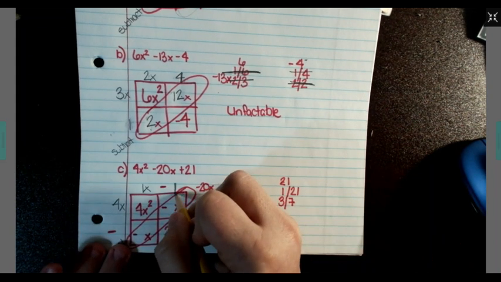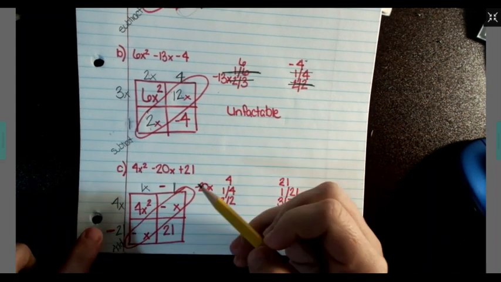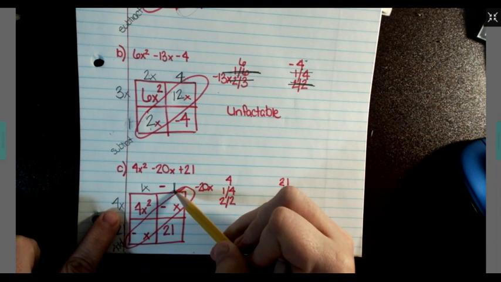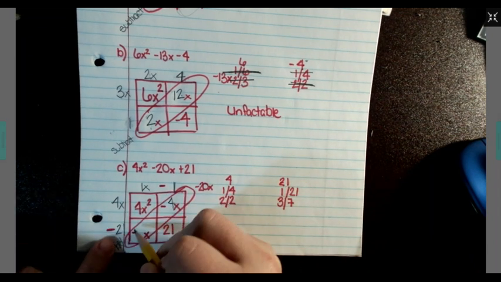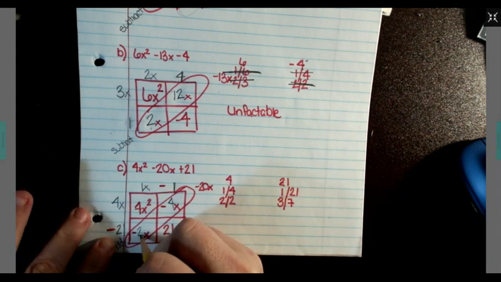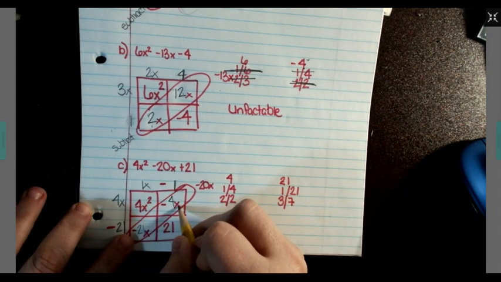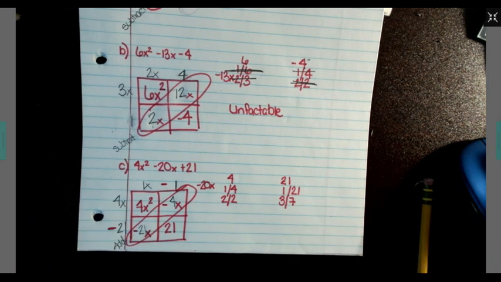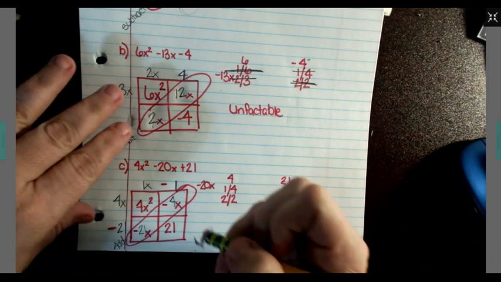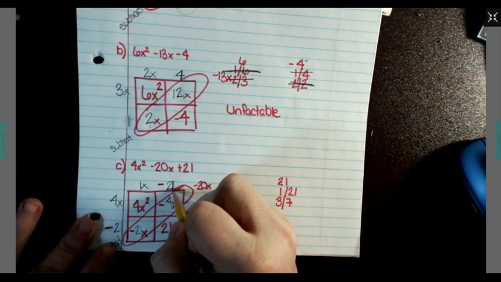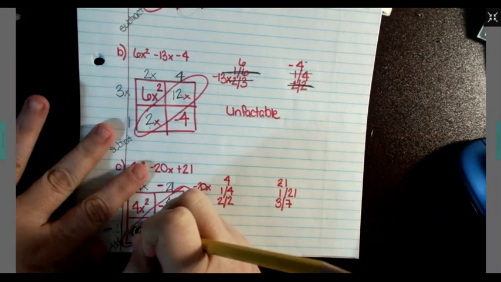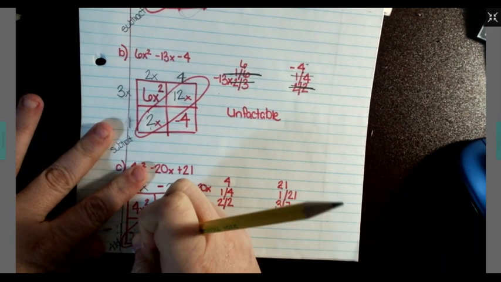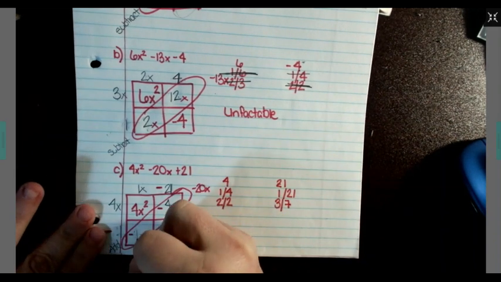And let's try the 1-21 combo. Well, 4 times 1 is 4. 21 times 1 is 21. That's going to give me 25 when I add those. That doesn't help me. Let's switch that order. Let's put the 21 here and the 1 here. Well, that makes this 1x down here.